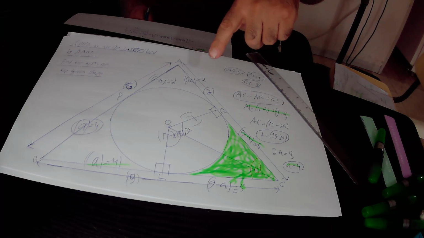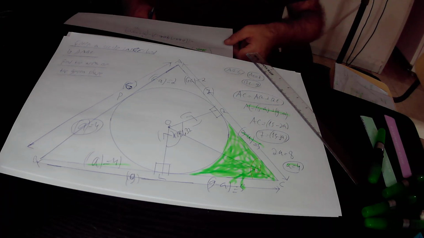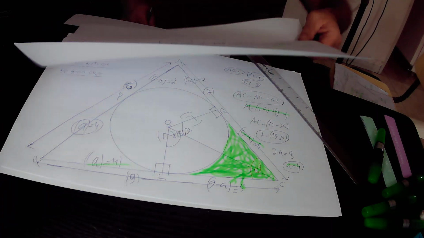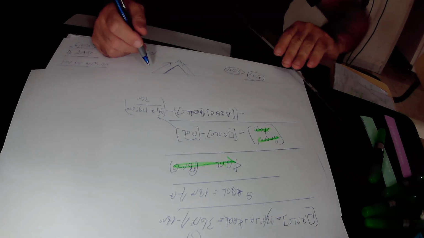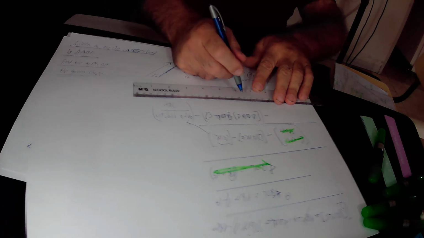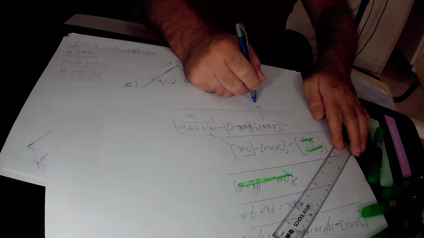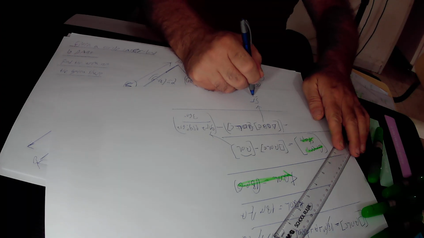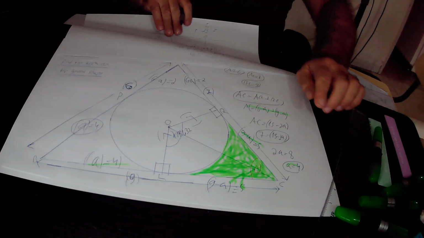So in total, the area of this right triangle QOC equals 5R over 2, plus the area of the second right triangle, the right triangle OLC.